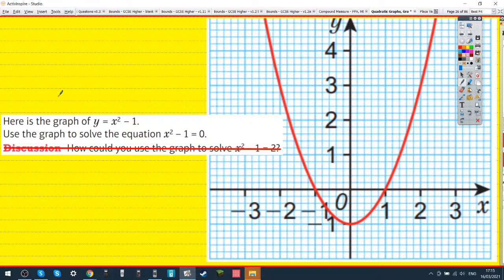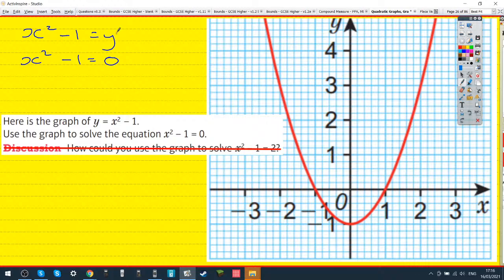No, I do not know how to do this one. So if I wrote it the other way around, x squared minus 1 equals y. Say I wrote it as y equals x squared minus 1. And then x squared minus 1 equals 0. Spot the difference. X squared. The difference is the y gets changed to 0.